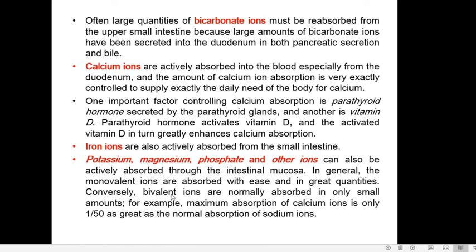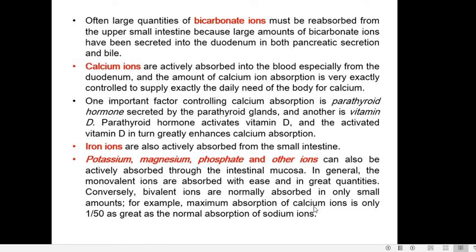The bivalent ions are normally absorbed in small amounts compared to monovalent ions. For example, the maximum absorption of calcium ions is only 1/50th that of sodium ions. Sodium is monovalent, whereas calcium is bivalent.